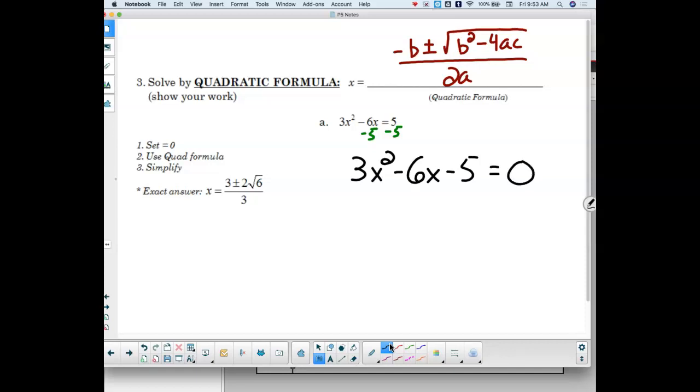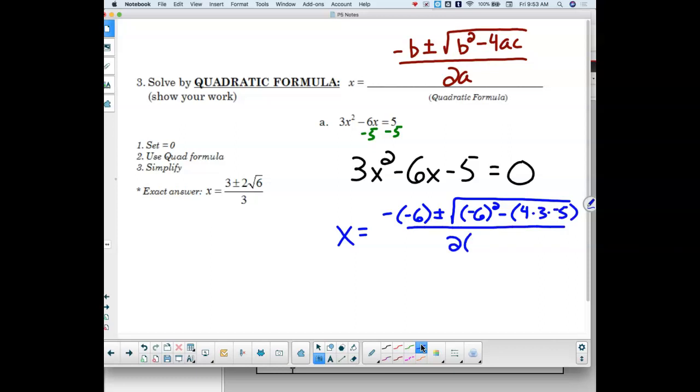And then we just kind of fill in numbers. So x here is going to equal the opposite of -6 plus or minus big square root -6 quantity squared minus 4 times 3 times -5 all over 2 times 3.